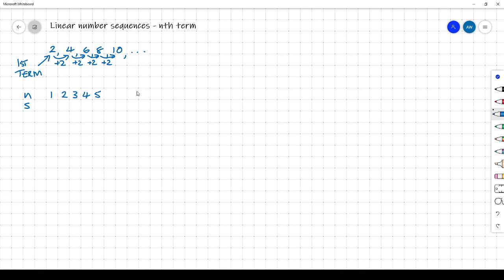So if I just said let's use this formula to create this sequence, let's say I said it was 3 times the position number n, and that's it. So this sequence is 3 times n, which is the position number. Okay, so we're going to make a note of that. N stands for the position number.